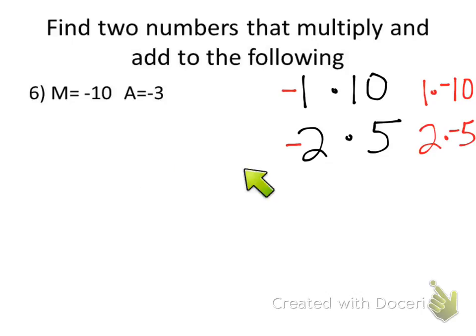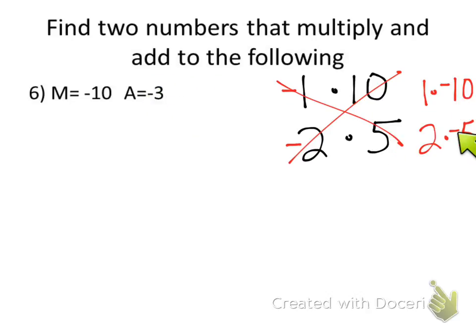And the way you can kind of see ahead of time which one is going to work is by this number. If this number is negative, your larger factor should be negative, because when you add them together, you want more negatives than positives. So it's probably not either of these two, because those would give you positive addition numbers.